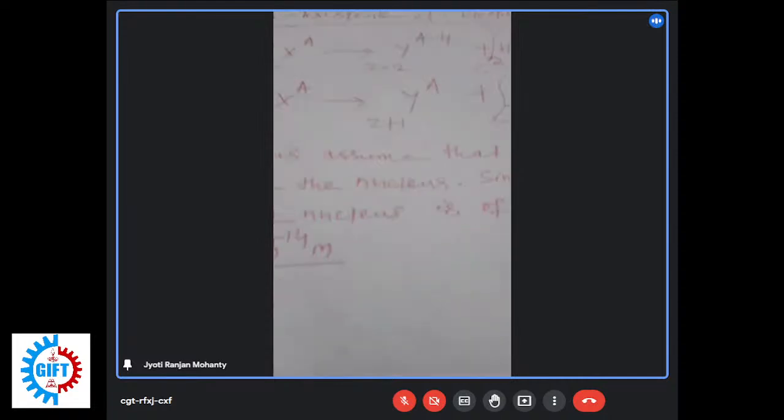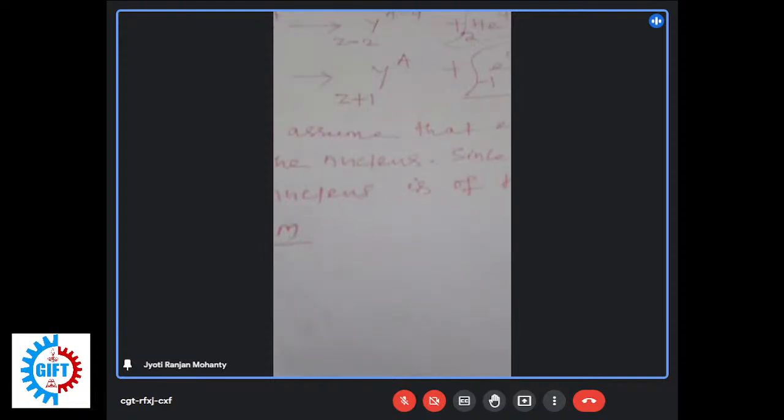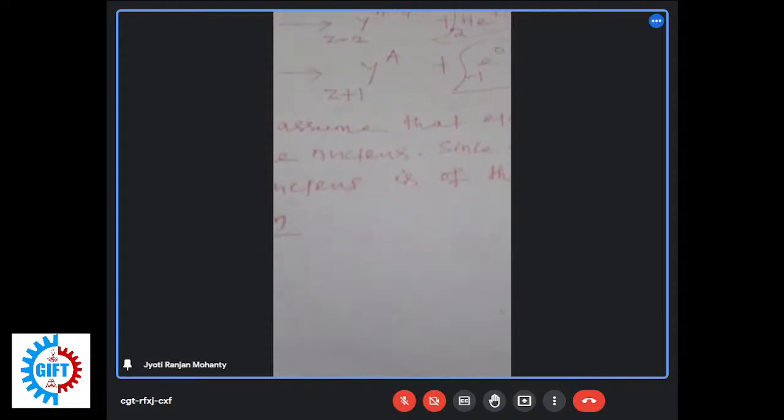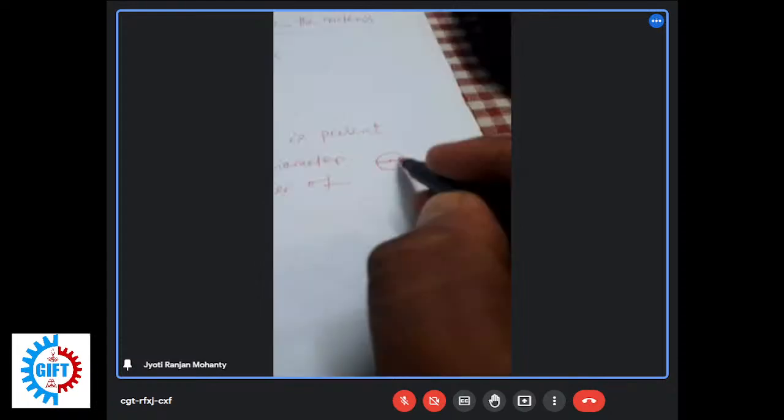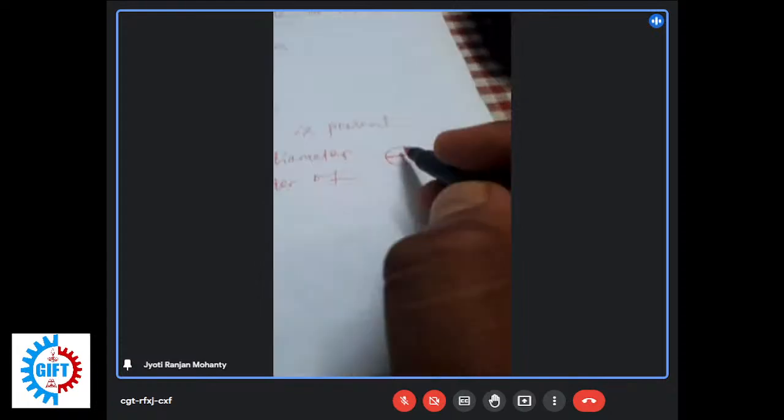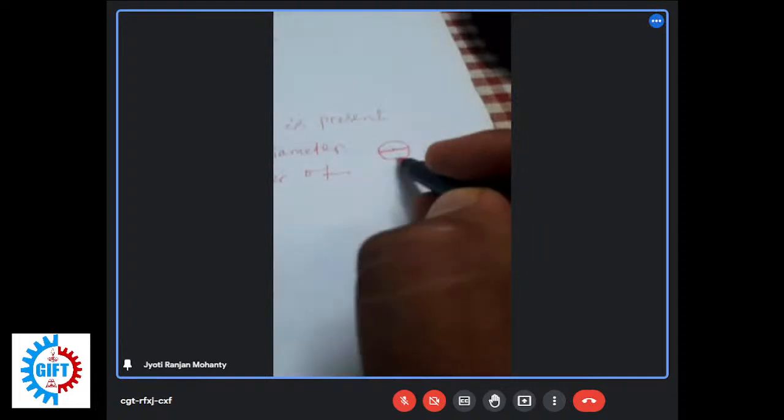But the diameter of the nucleus is of the order of 10 to the power minus 14 meter. Okay. So this is the diameter. And we have taken the assumption electron is present inside the nucleus.